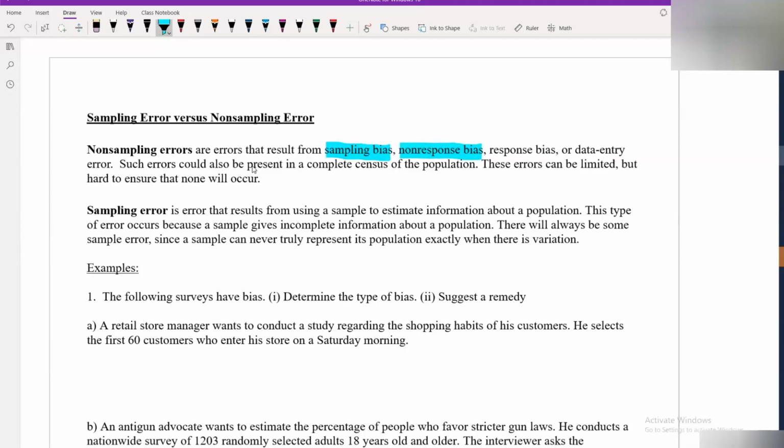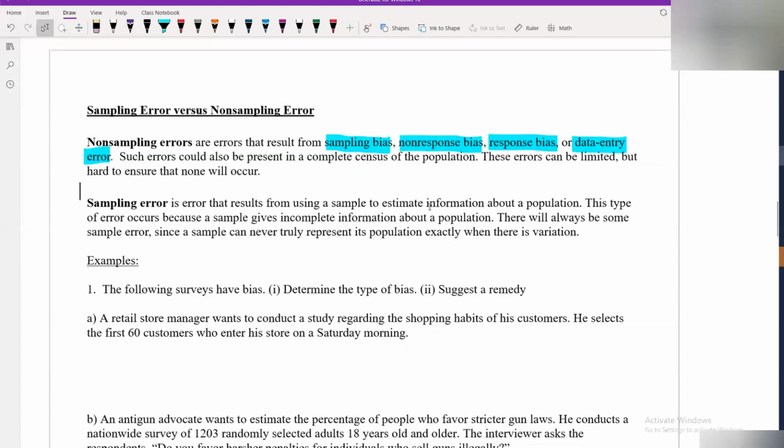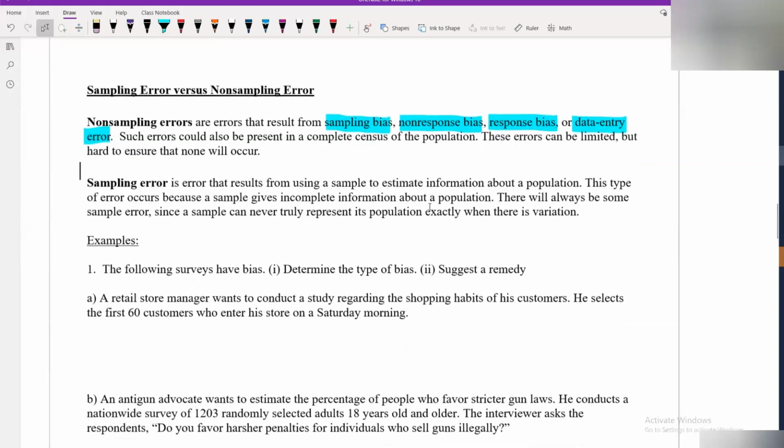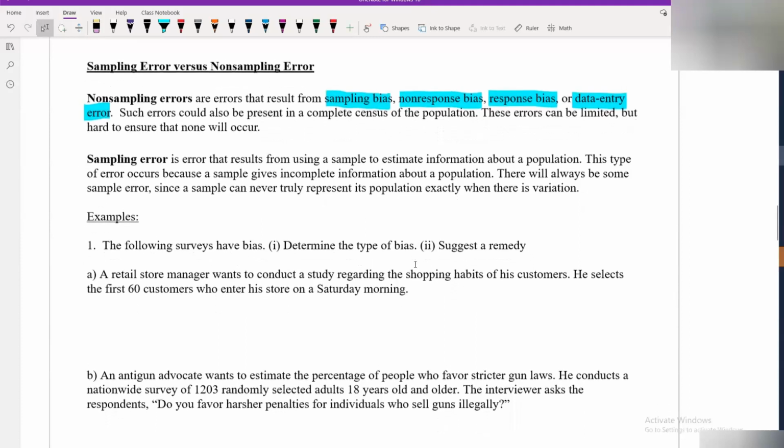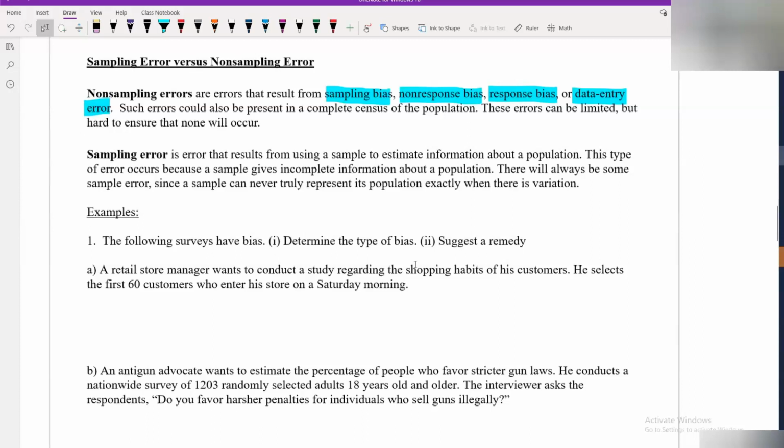So we already had these. Sampling error is error that results from using a sample to estimate information about a population. That one is exactly what we did for inferential stat. Okay, let me give an example, first for non-sampling errors.